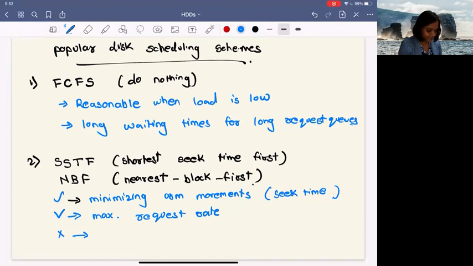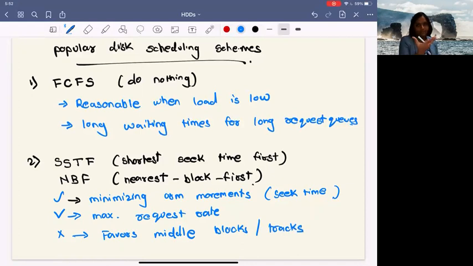Coming back to SSTF and nearest block first, the disadvantage is that it favors middle blocks or tracks. In a disk, blocks are consecutively numbered across sectors from track to track, going from outside to inside.